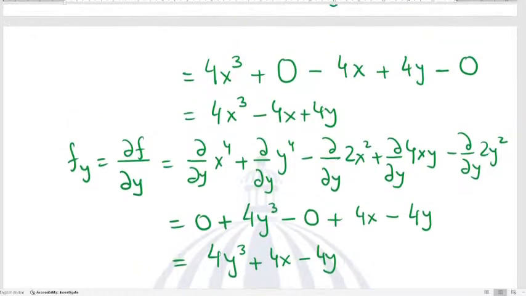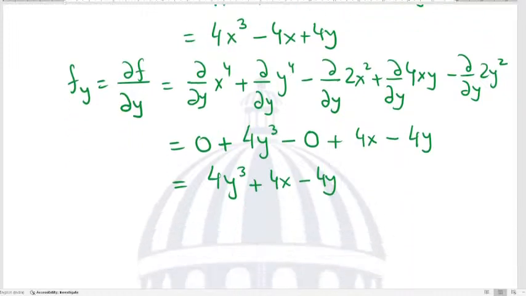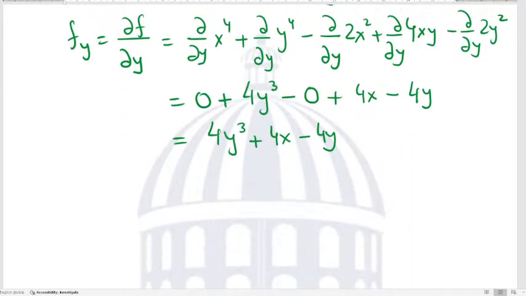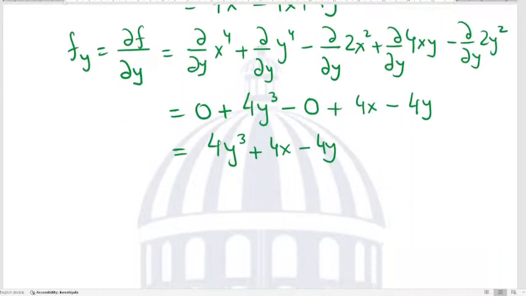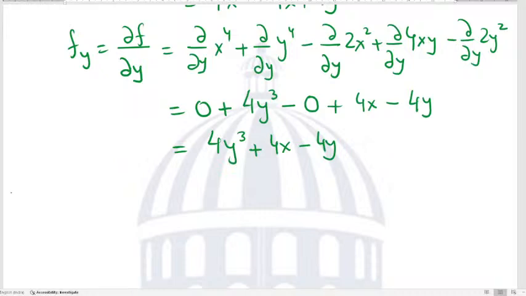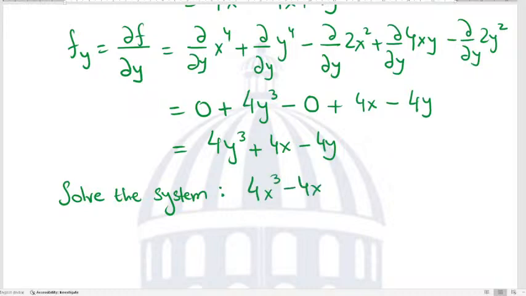So we have got fx as something, fy as something, and now we need to solve the system of equations. We need to solve the system 4x cubed minus 4x plus 4y is equal to 0, which is equation number 1, right?